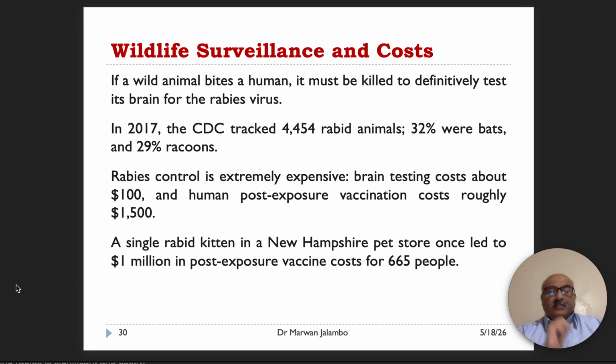In one incident in 1994, a single rabid kitten in a pet store led to 665 people receiving post-exposure treatment, costing over 1 million US dollars for the vaccines alone.